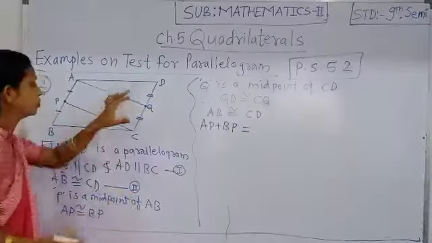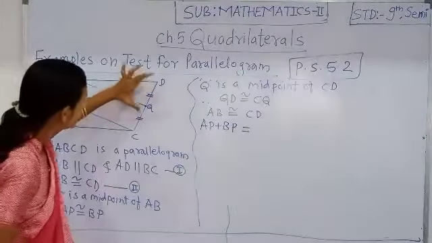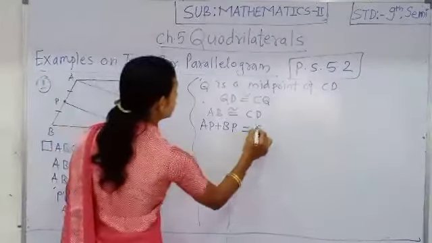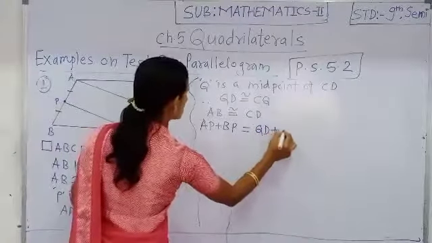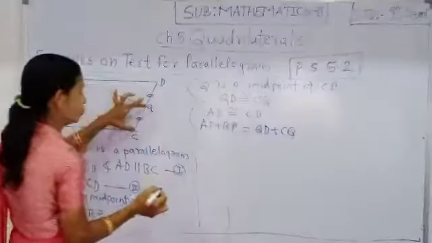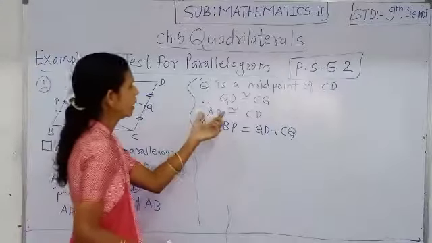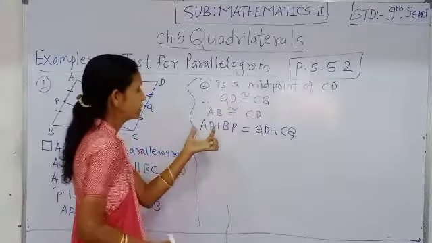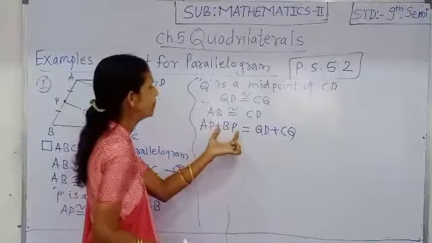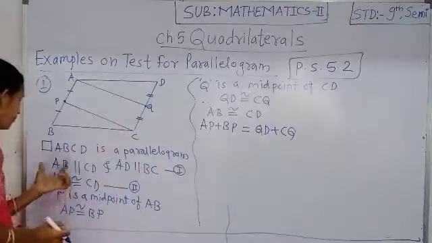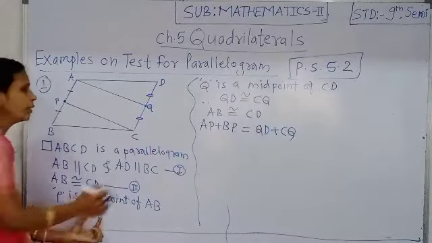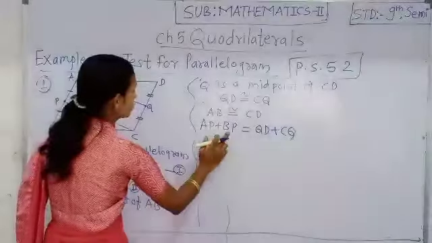Then that is equal to, see here, what is CD? CD is QD plus CQ. But AB is congruent to CD, that is AP plus BP. But AP and BP are congruent.